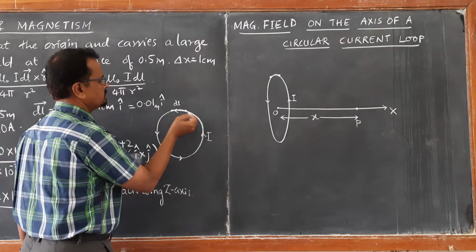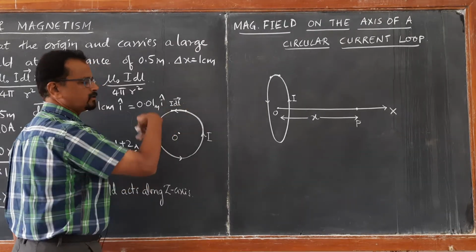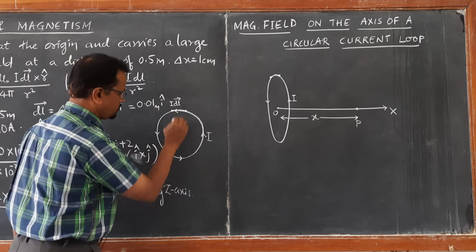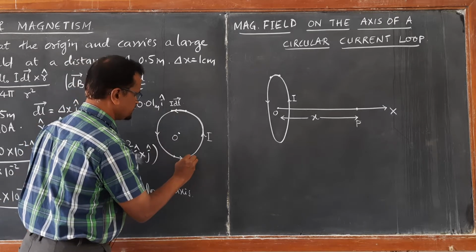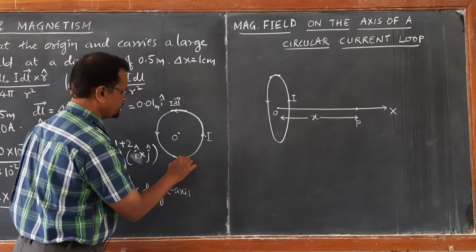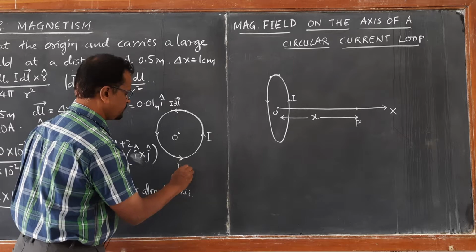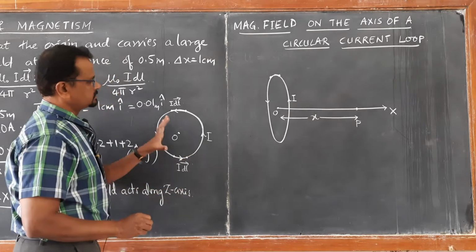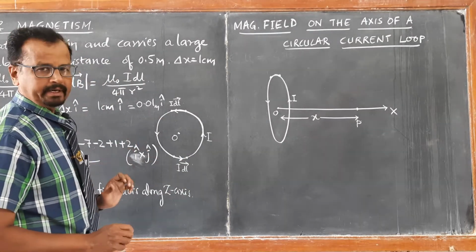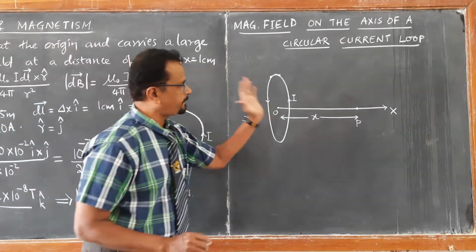So here this becomes the direction of dl vector in the anticlockwise direction, and at the bottom, diametrically opposite, the element will be having the exact opposite direction of dl vector, right? This is the actual picture which is kept vertical like this.